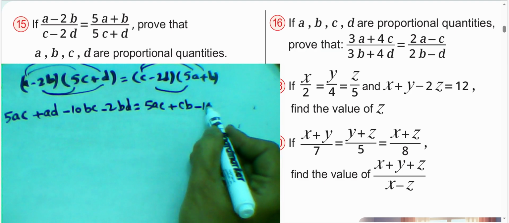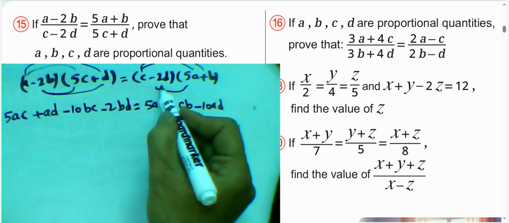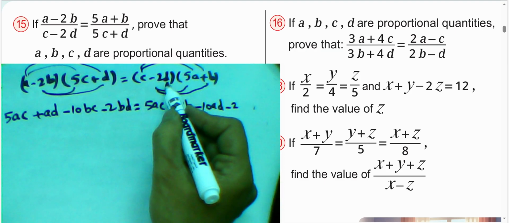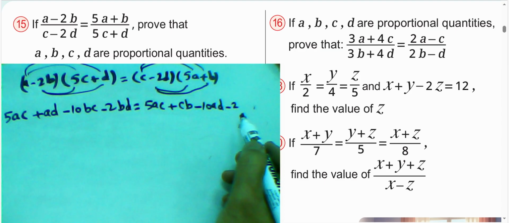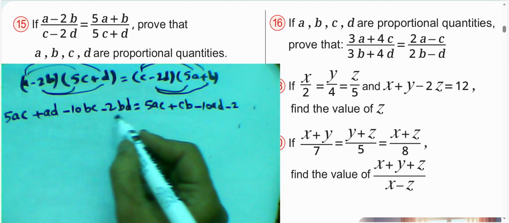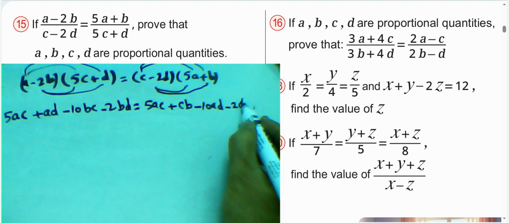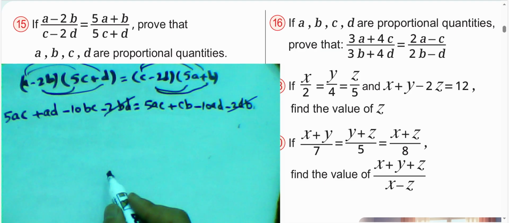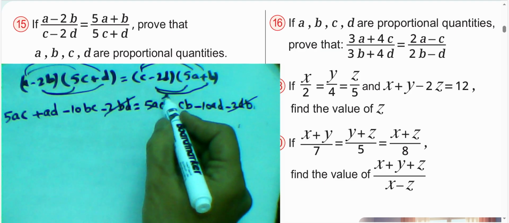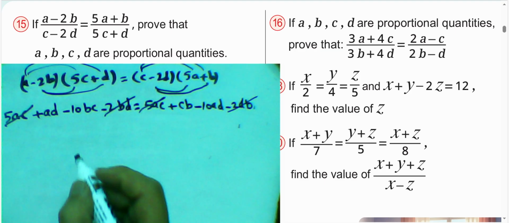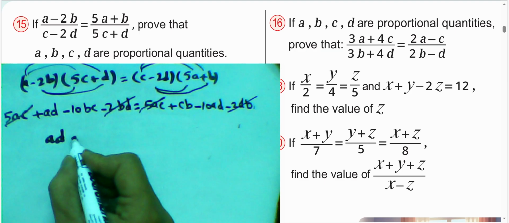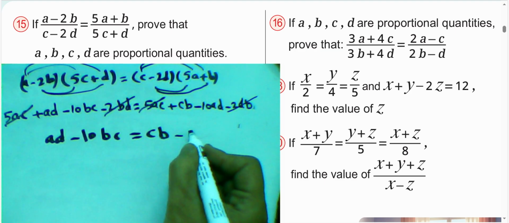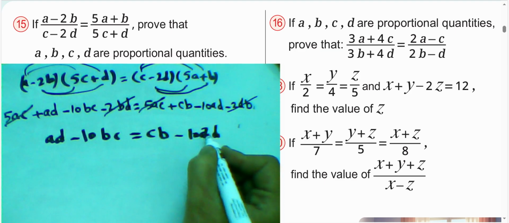Negative 2d times 5a equals negative 10ad, and negative 2d times b is negative 2db. You have 2bd and 2bd, you can cancel them, and also 5ac subtract 5ac equals 0. In the answer we have ad minus 10bc equals cb minus 10ad.